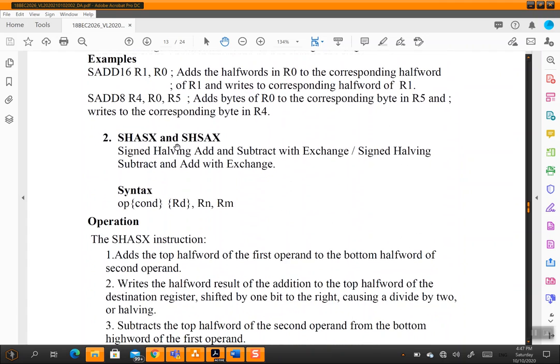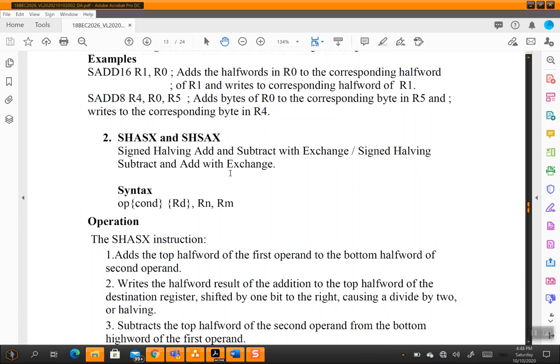Then there are SHASX and SHSAX, used for signed halving add and subtract with exchange, and signed halving subtract and add with exchange.